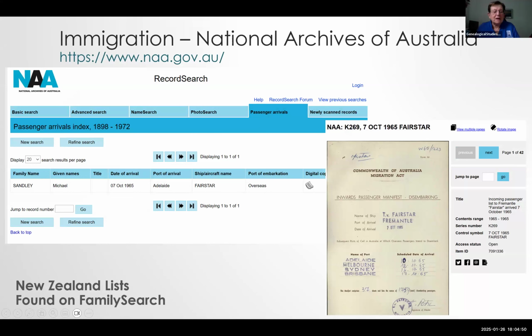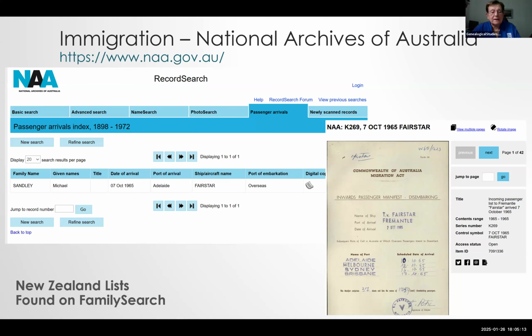Migration. Here I've got migration records through the National Archives of Australia. In this case, I've chosen quite a recent migration. It was the Sandley family, and they arrived in Adelaide.